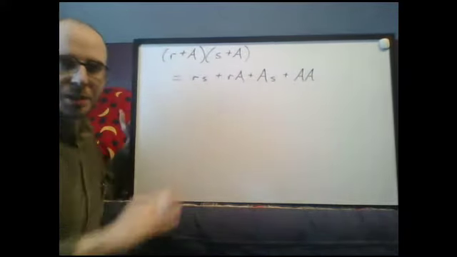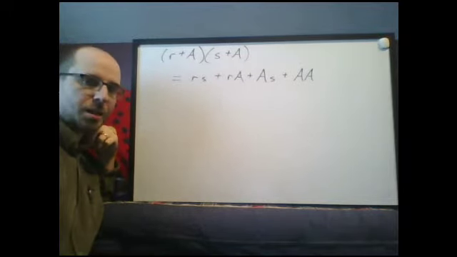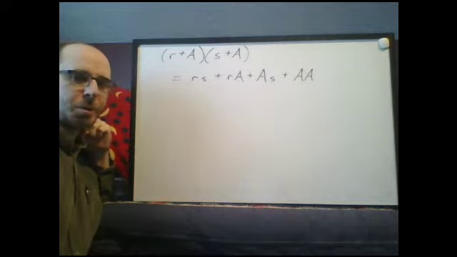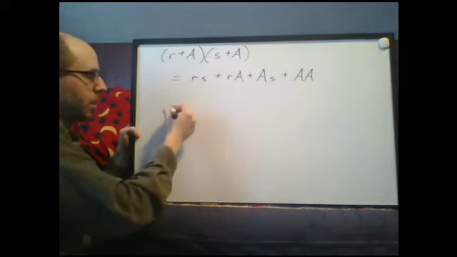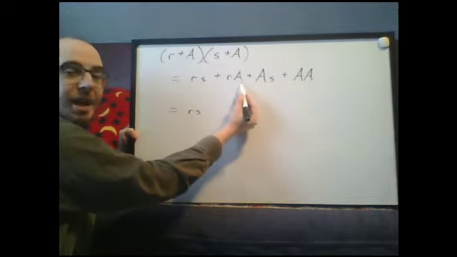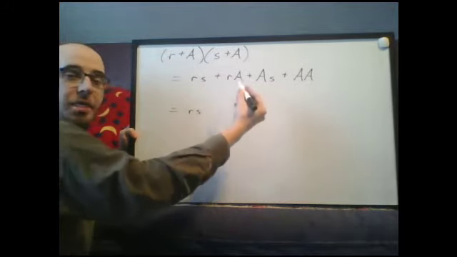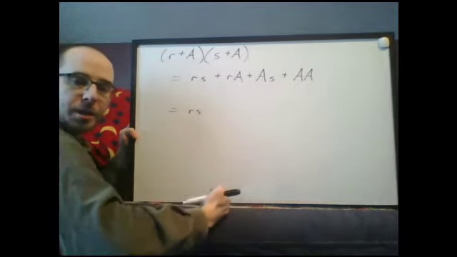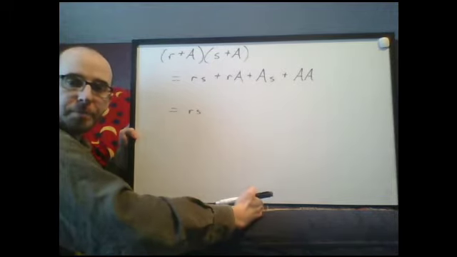Now, this doesn't quite make sense formally because we're multiplying elements times sets, but let's just think about what happens here. r times s is what we want to end up with. r times a set A, well, A is an ideal. So we can think of ideals as they will absorb any other element into themselves under multiplication.